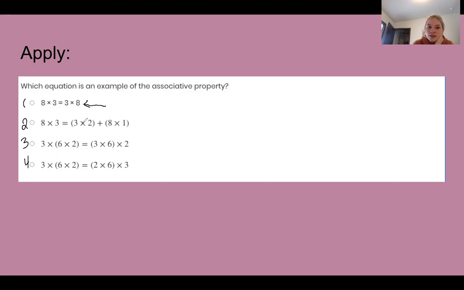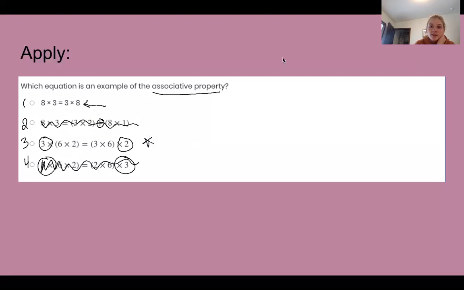Number 2, no, we're dealing with addition. Nope, that's not the associative property. Let's look at the third one. Are our outside multipliers different? Oh, yes, they are. How about our fourth one? Nope, they're not. So it cannot be the fourth one. It is the third option.